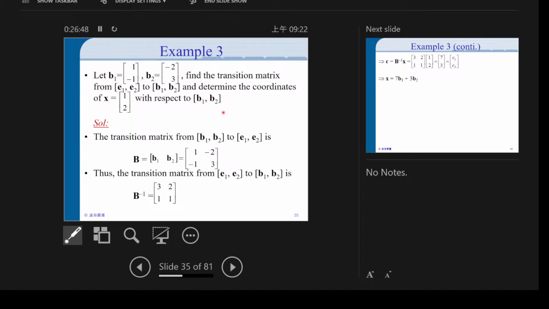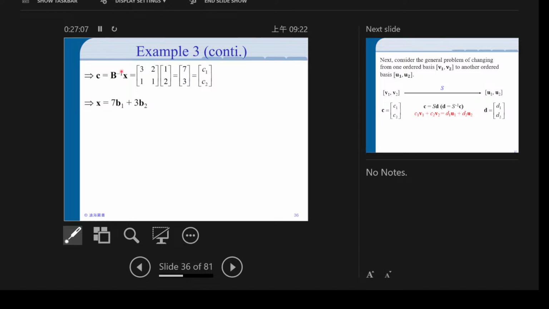And then we want to determine the coordinates when we have some x equal to 1, 2, and we want to find the coordinates in this b1, b2. So once again, we want to calculate b minus 1, and then we have c equal to b minus 1 times x, and it equals this number. Okay, any questions?